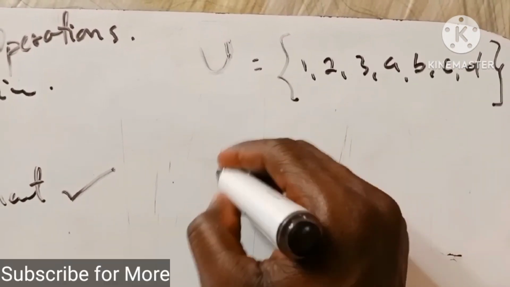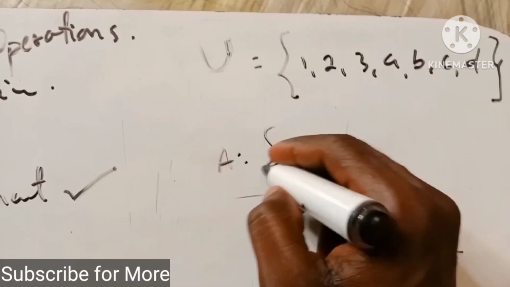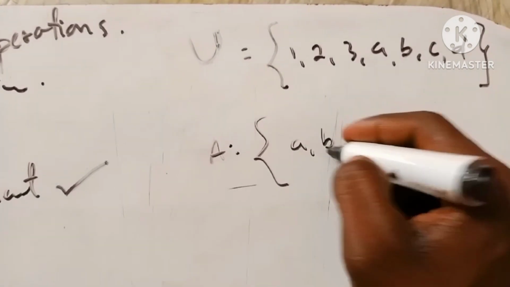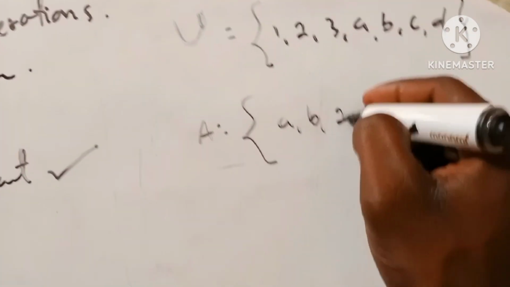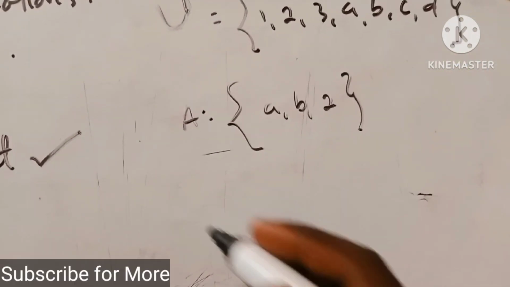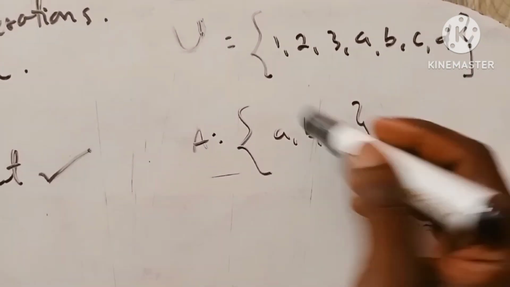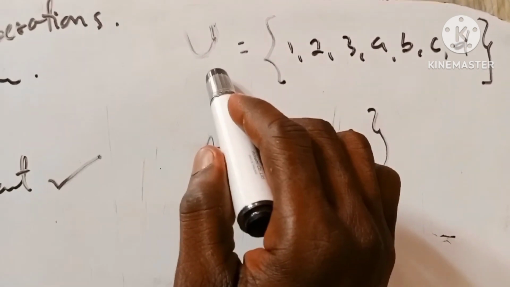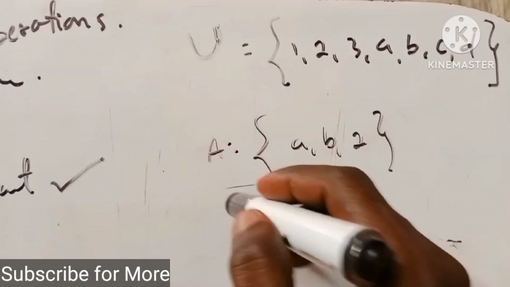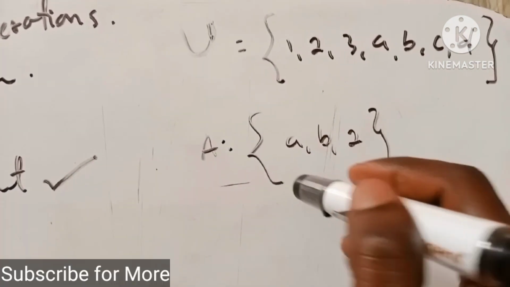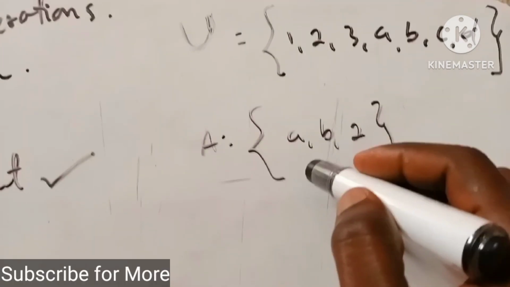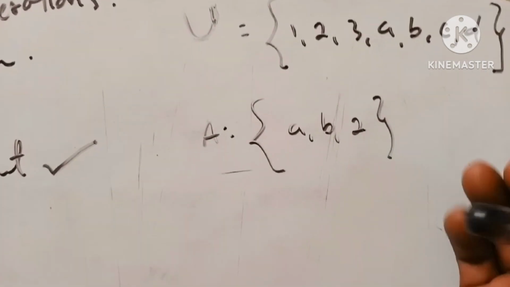Now let's say you have A, and then B, and then maybe let's say 2. Okay, so this is another room inside of that house. So the universal is the house here, and then you have a room inside of that house with how many people? 3 people, A, B, and then C.